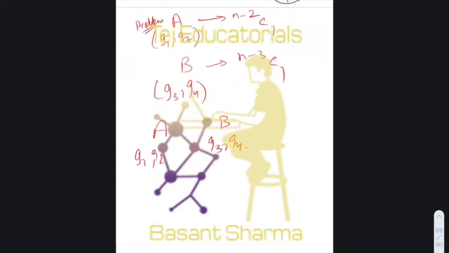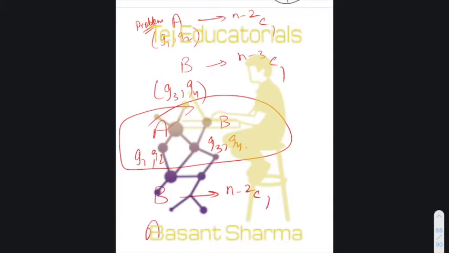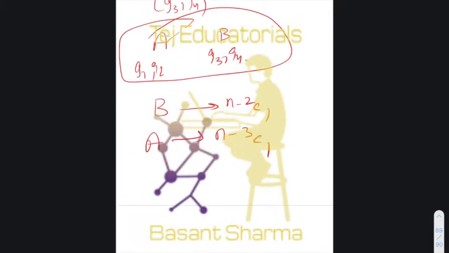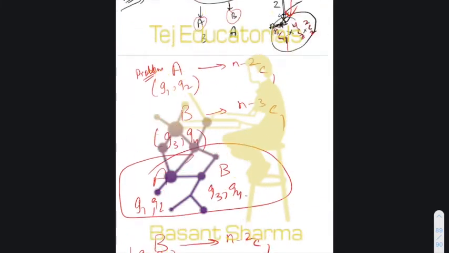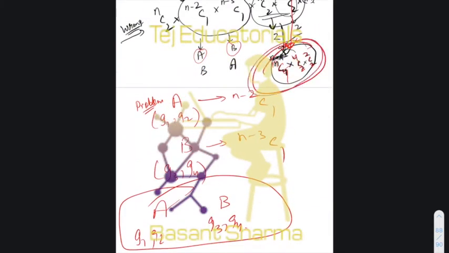Now what will happen is, this is one case, it can also happen that B gets selected corresponding to n minus 2C1 and A gets selected corresponding to n minus 3C1, and again you can give games G1 G2 to A and G3 G4 to B, right? Because this is already taken care of in this factor.